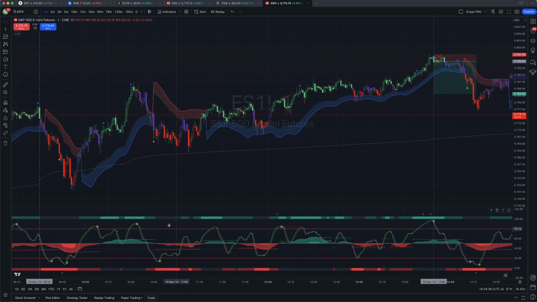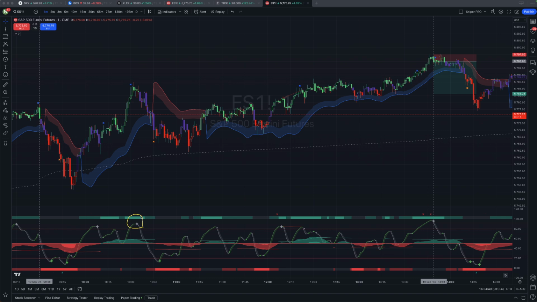Down below we have an oscillator matrix, which as you can see will show overbought and oversold conditions. It will also give a trigger when we have a reversal potentially happening.